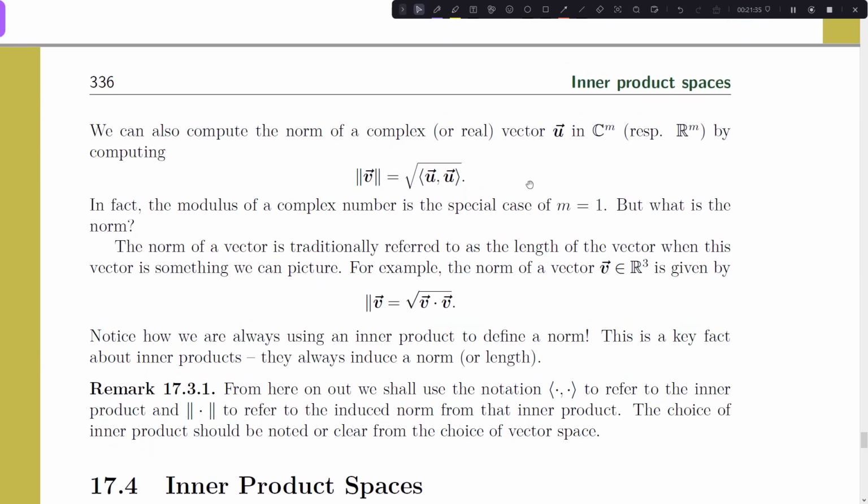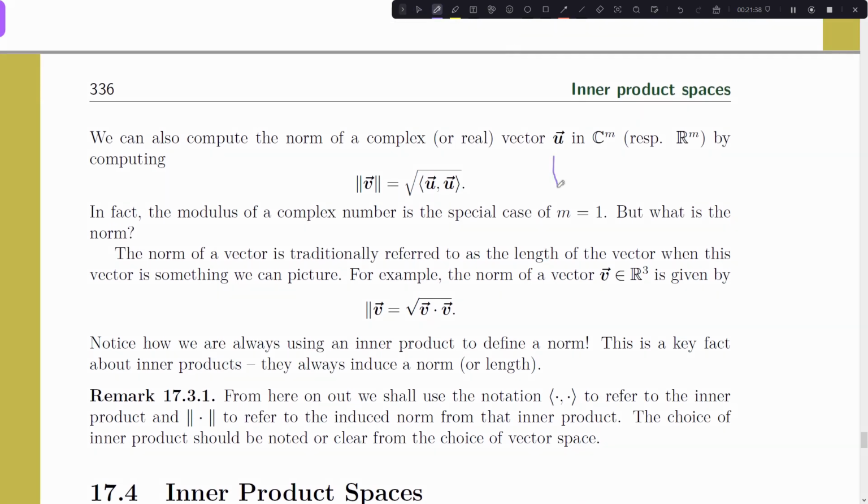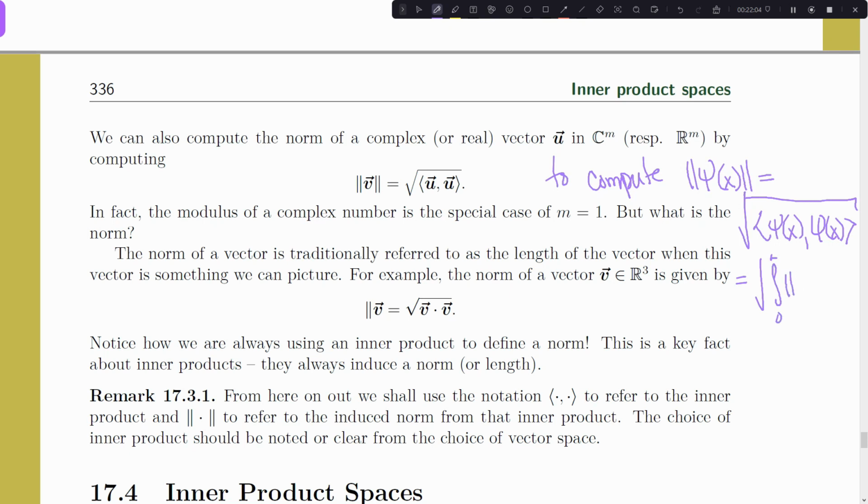So all I have to do, let's test this really quick, is compute the norm of psi as a function. I'm going to take the square root of the inner product of psi with itself, which you'll recall was defined as the integral from 0 to L of psi of x squared.